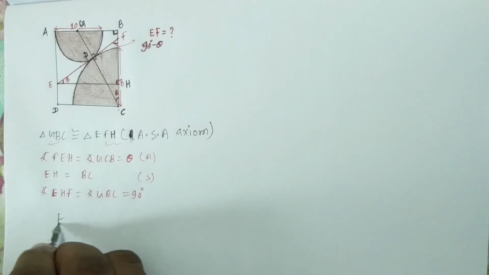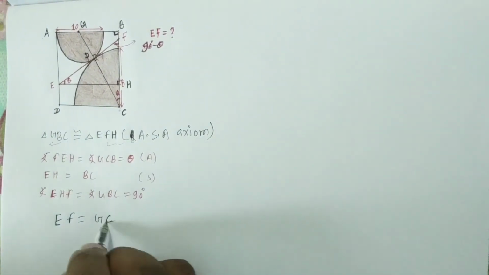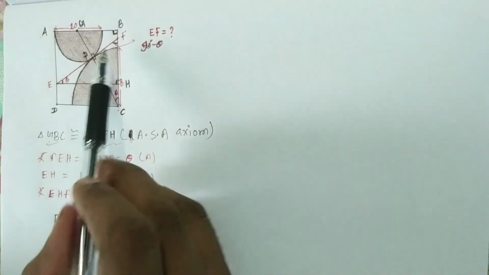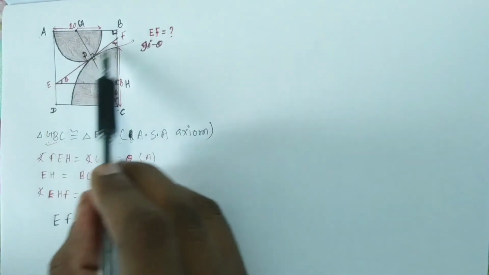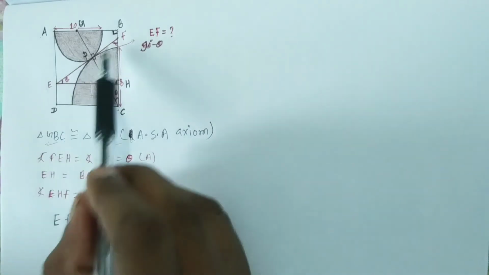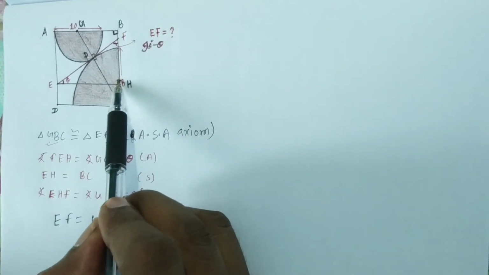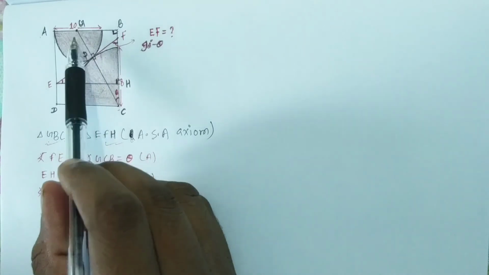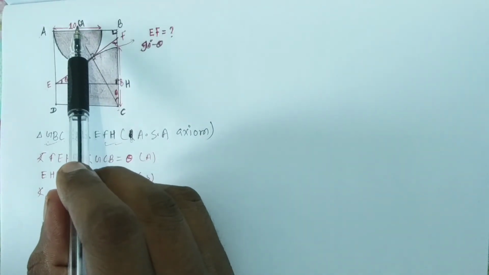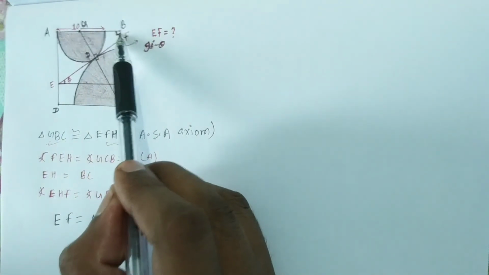So EF is equal to, we have the side GC, because in the triangle EFH, the side EF is just opposite to this right angle, and in triangle GBC, GC is also the side opposite to this right angle.